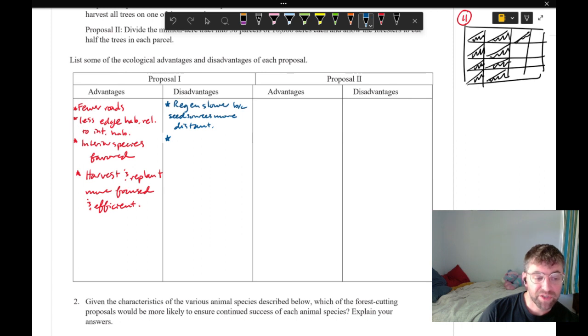You're also going to have more soil nutrients lost from the land because you're basically clear cutting it. There's going to be a lot more runoff. There's not going to be those dense root systems and also that protection from the weather that would normally be there to slow rainfall and things like that.